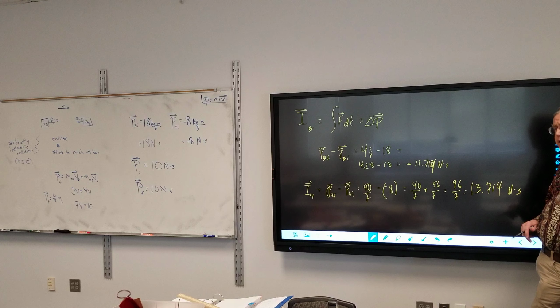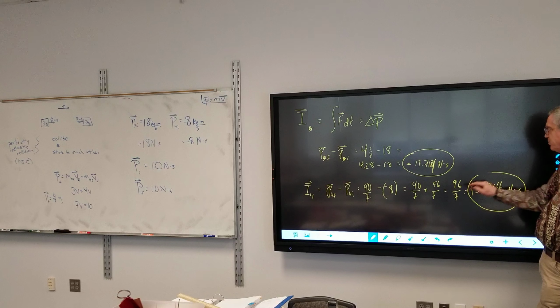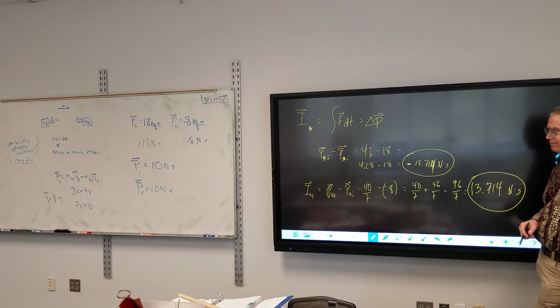And this is as expected, that the impulse on A is the opposite to the impulse on B. This is Newton's third law, or an implication of Newton's third law.